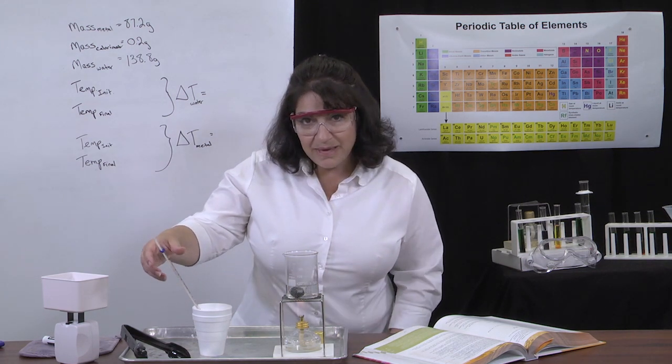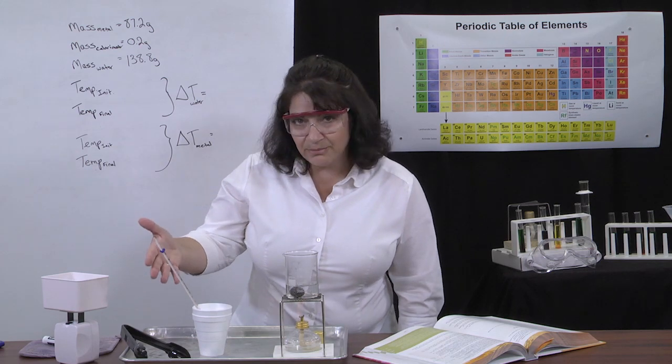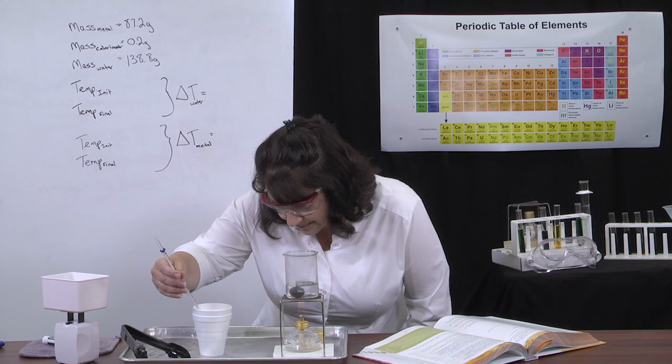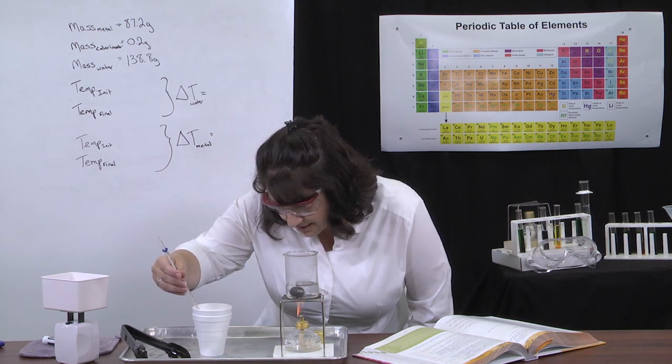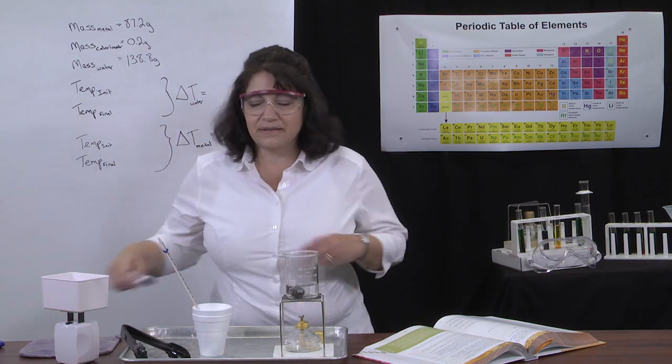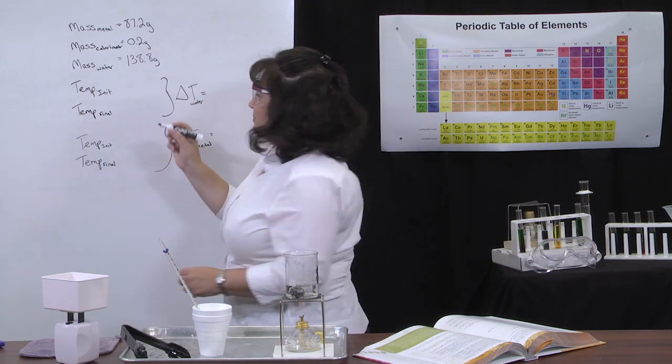And since everything has been at room temperature, including my thermometer and my water, I can go ahead and take that temperature now. And I've got 26.4 degrees Celsius. That's my initial temperature.